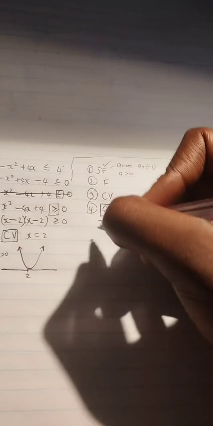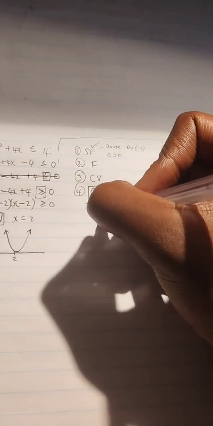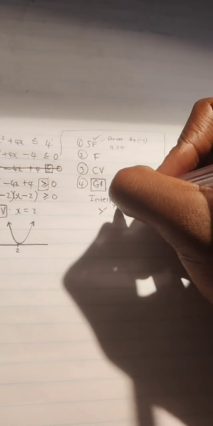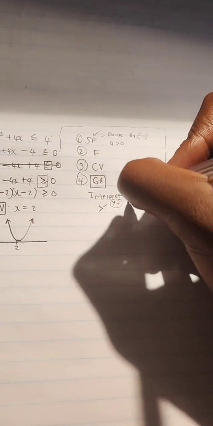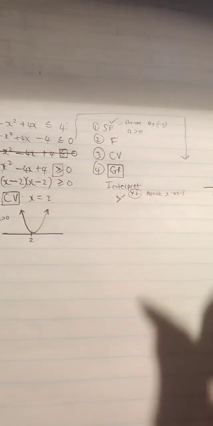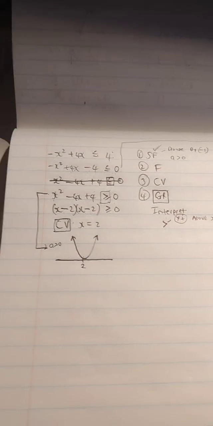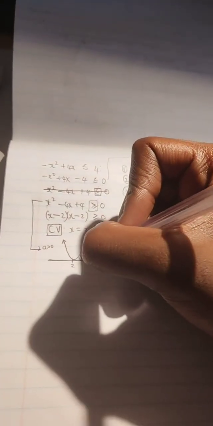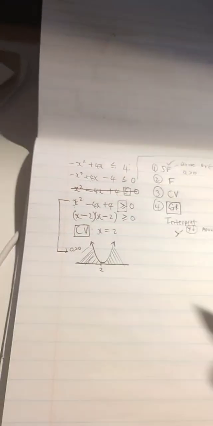So what does it mean? Remember, greater than 0 means y is positive, which means above the x-axis. So let's go and identify that using our graph. Where is above the x-axis? There it is.